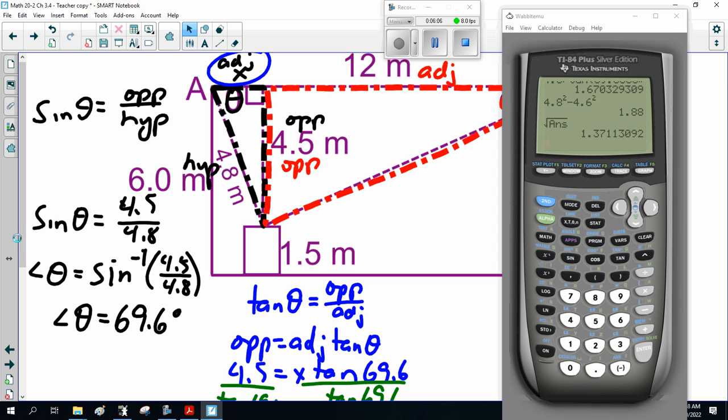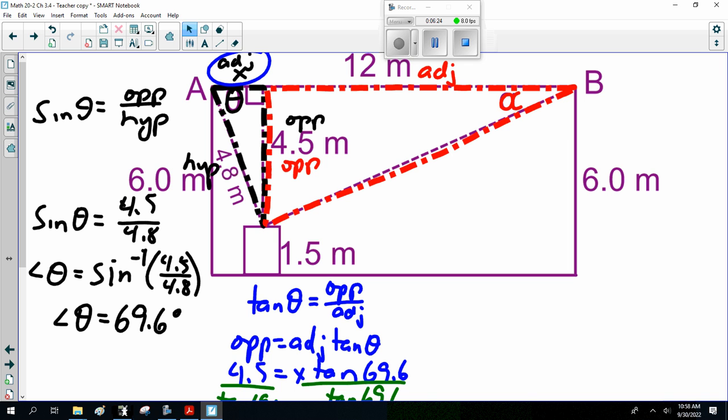God help me. 4.5. Read the question, Mr. Sutton. 2.79. Square root of my answer, 1.67. So if I put in the numbers correctly, yeah, it should still work. But I shouldn't have done it that way. So anyway, now this is 1.67, so this adjacent is going to be 12 minus 1.67.